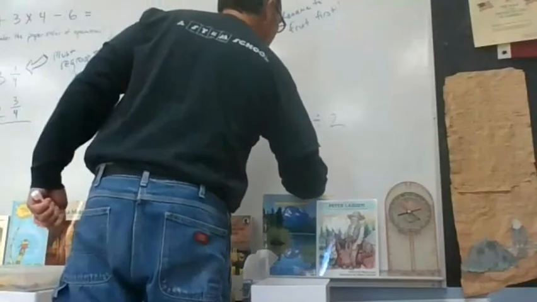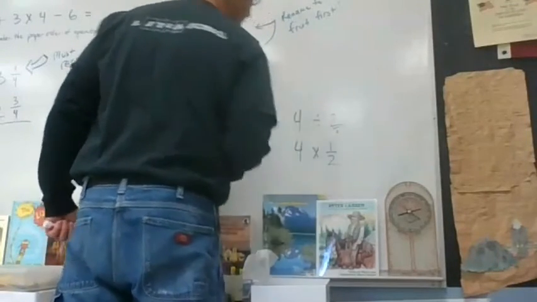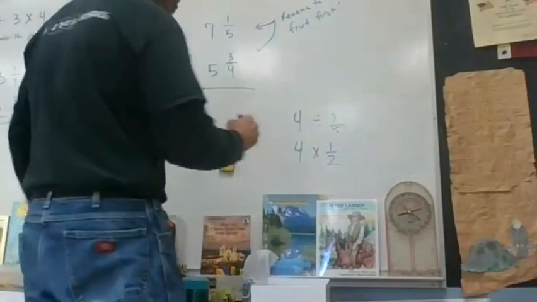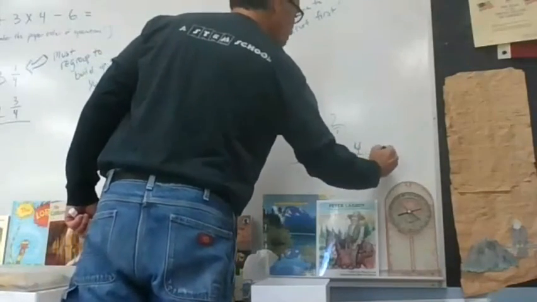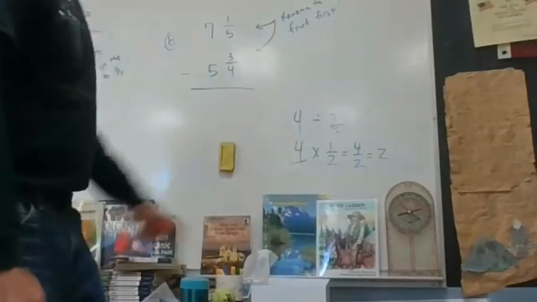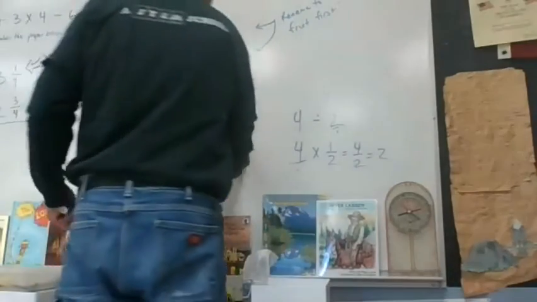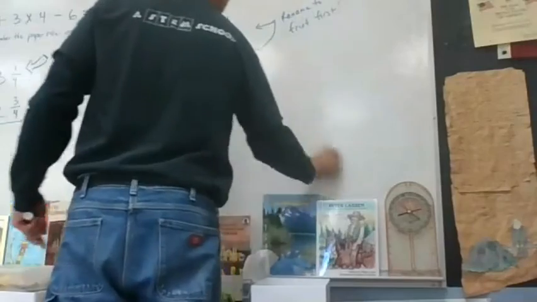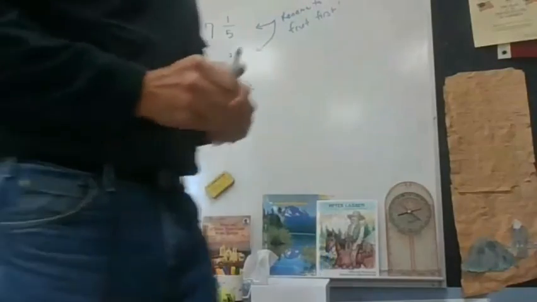Does it work? 4 times 1/2. Remember, there's a 1 under a whole number. So you get 4/2, which is actually 2. 4 divided by 2 is 2. Man, it's so cool. Don't divide with fractions. Multiply by the reciprocal.